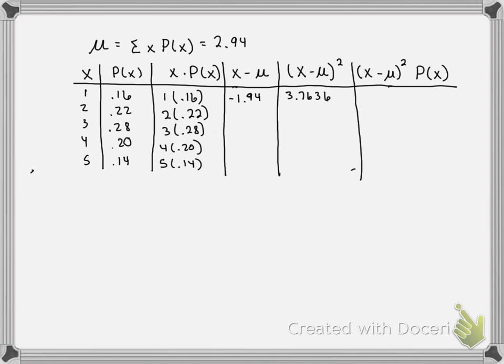And that number then will carry into the last column, and we're going to multiply that by the probability.